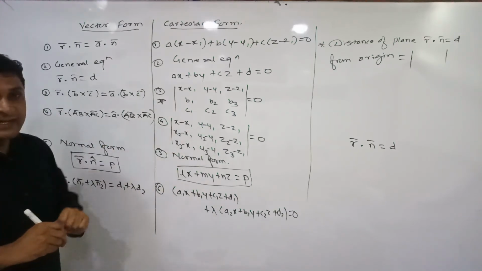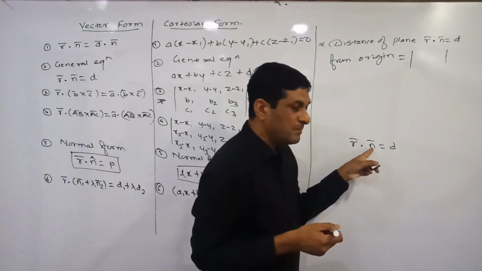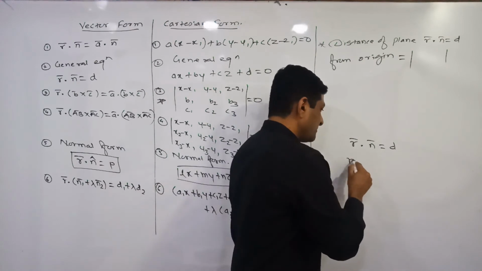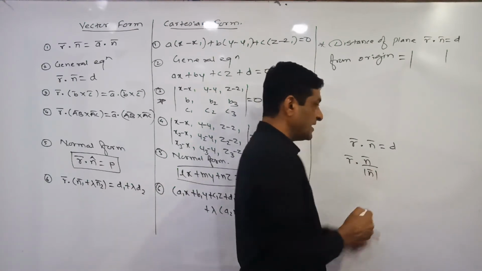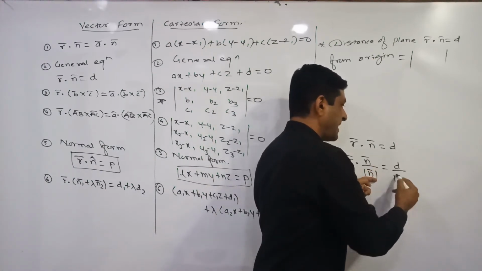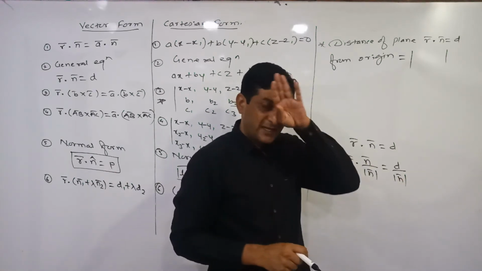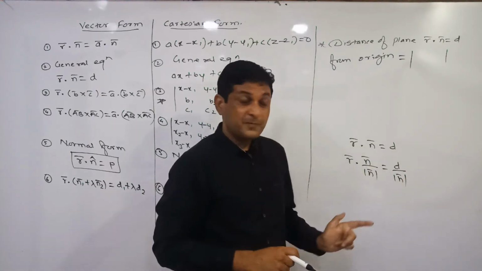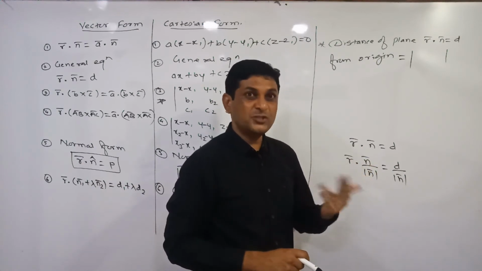Right now there is no unit vector here, so to convert it into a unit vector we are dividing n bar by its magnitude. So what we'll get here is r bar dot n bar divided by the magnitude of n bar. Since we are dividing the left hand side, we divide the right hand side by the magnitude of n bar as well. Just simply dividing both sides by the magnitude of n bar. So now this vector, n bar divided by its magnitude, is a unit vector.